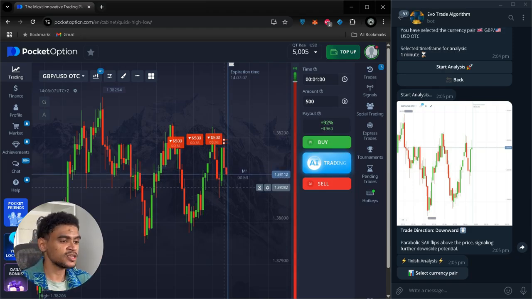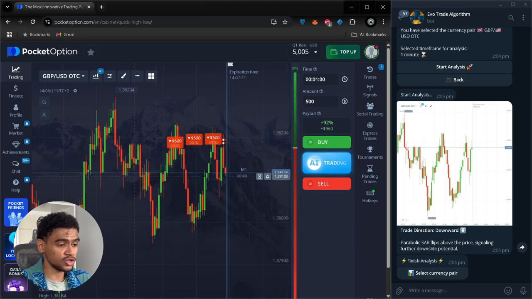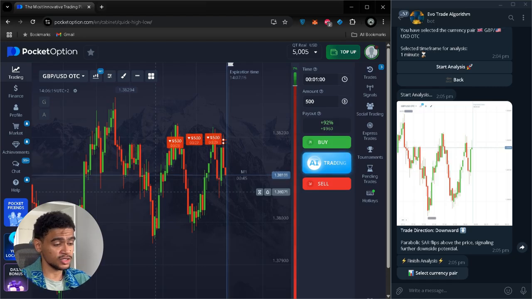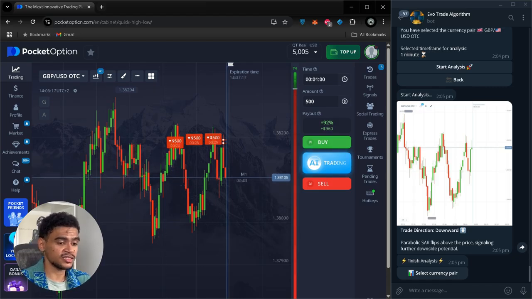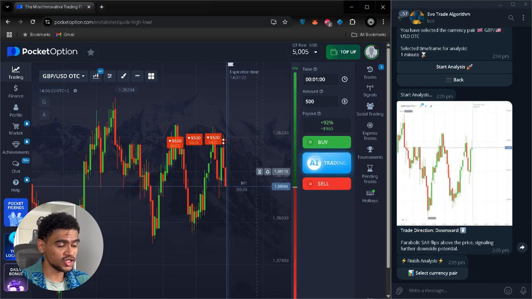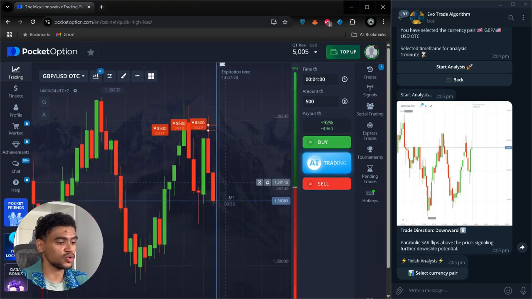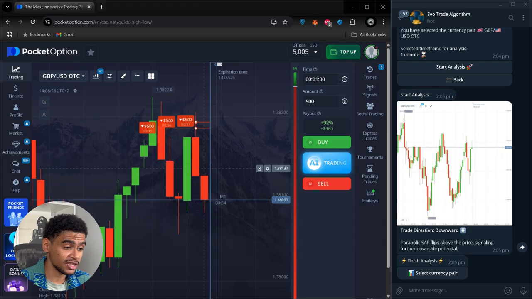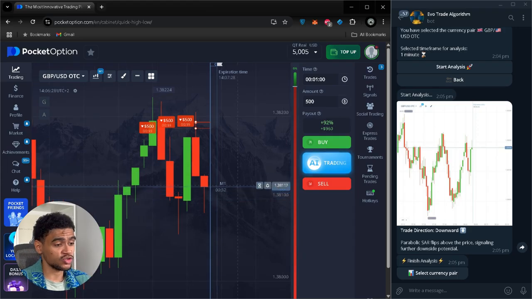So that means it's not only basing it on observation, looking at the chart, it is actually using technical analysis tools to perform the analysis. So there we have it. For this instance, it used parabolic SAR, so the dots went above the price action. That means that we are looking for a potential reversal, which is exactly what happened as we placed our trade. And this is another $1,500 of profit.